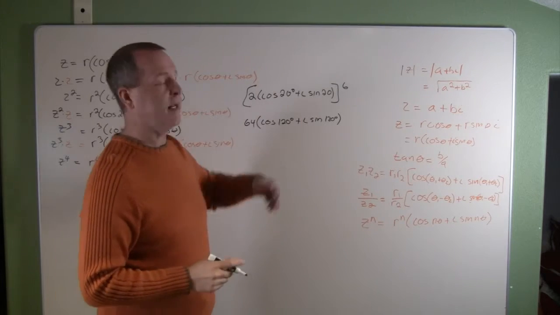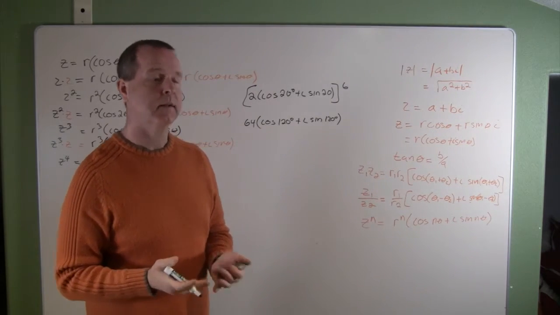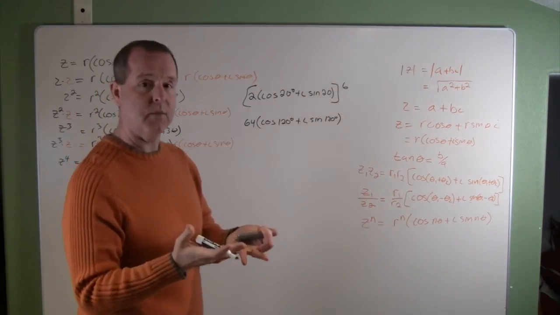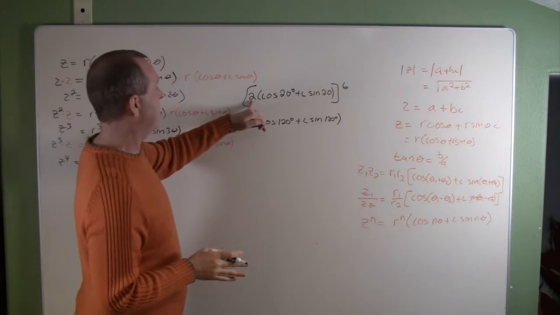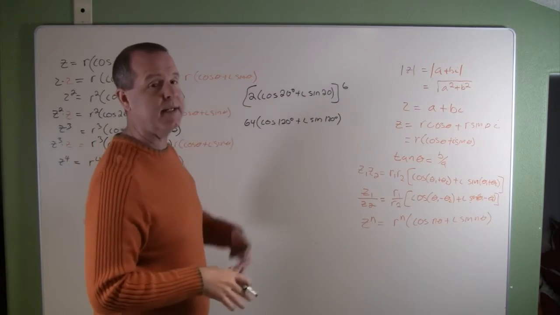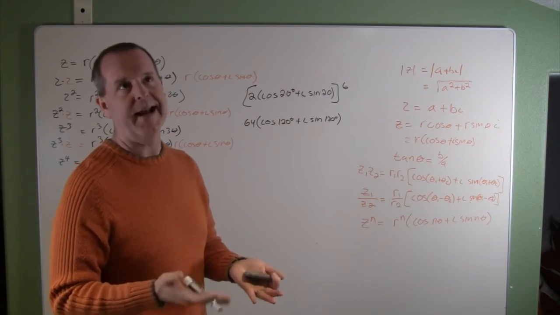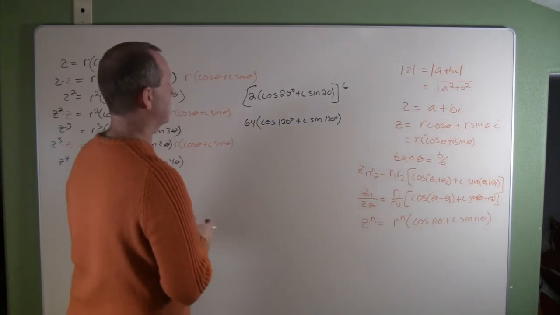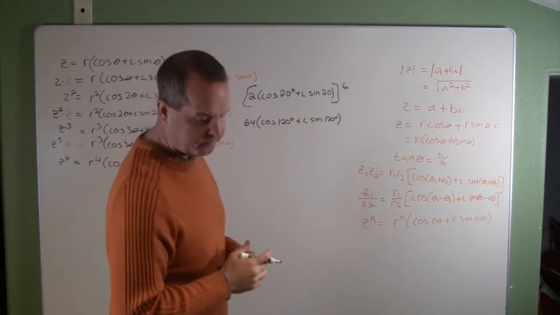Remember, I'm not taking 20 to the 6th power. Here we're adding the arguments. You multiply the moduli, you add the arguments. So I'm adding 20 degrees to itself 6 times. That's why I have 120 degrees.